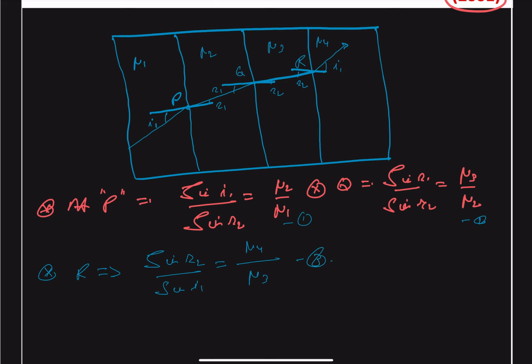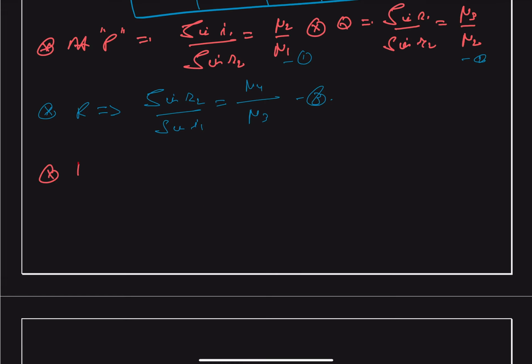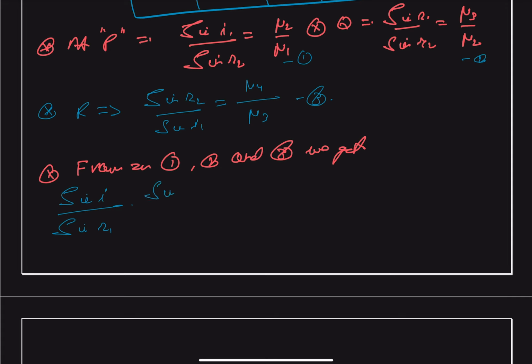So if you multiply equations 1, 2, and 3, we get sine of I1 upon sine of R1, sine of R1 upon sine of R2, and sine of R2 upon sine of I1 is equal to, on the right side, mu2 upon mu1, mu3 upon mu2, and mu4 upon mu3.